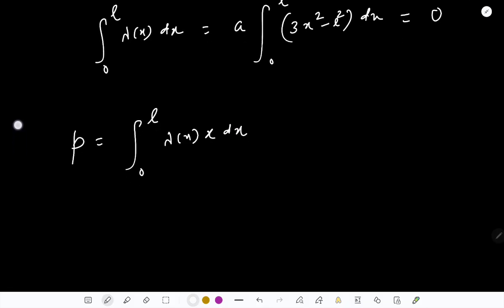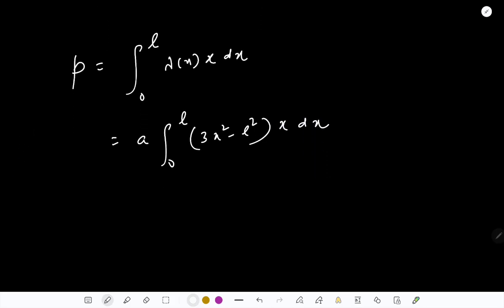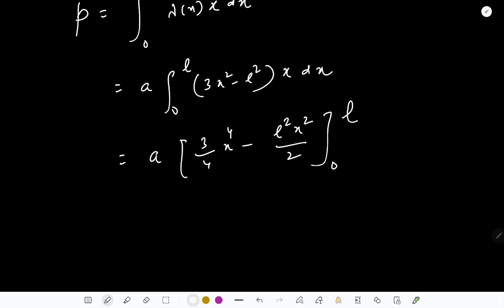By putting all those things together we can calculate this integration as well, and your result finally is A L raised to 4 divided by 4. That should be the answer, and the problem is solved.